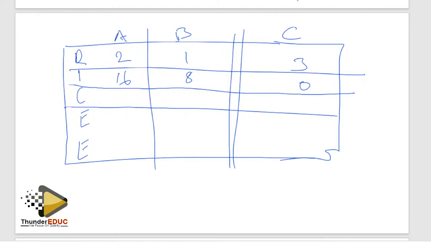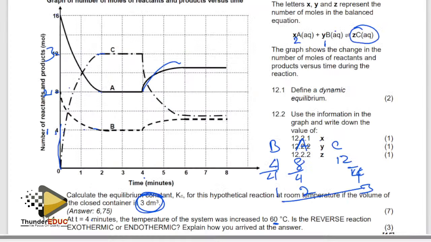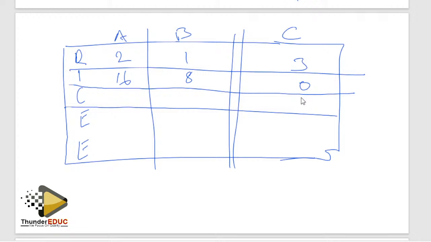How will I find the change? C is 12. Definitely, if C is 12 at equilibrium, that's what is produced. So 12 goes here, what was used. If this is 12 divided by 3, it's going to be 4 here.